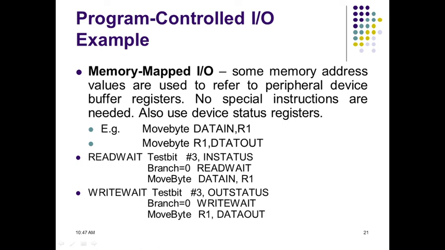Here the status flags SIN and SOUT are automatically cleared when the buffer registers data in and data out are referenced respectively. The move byte operation code signifies that the operand size is a byte, to distinguish it from the operation code move that is used for word operands.